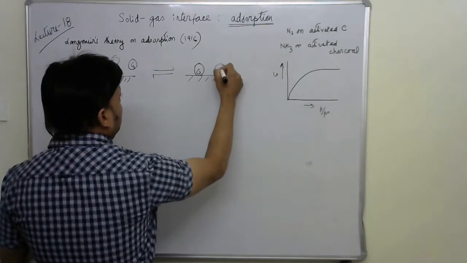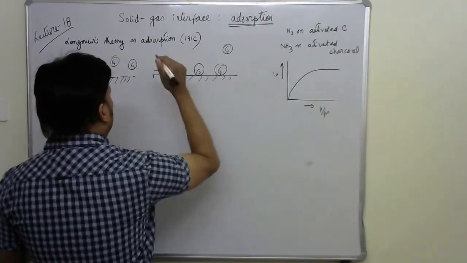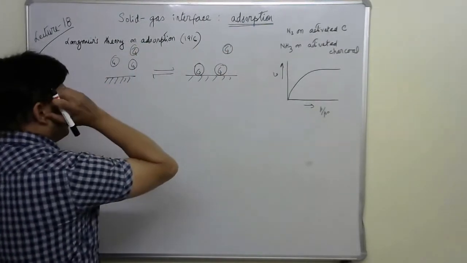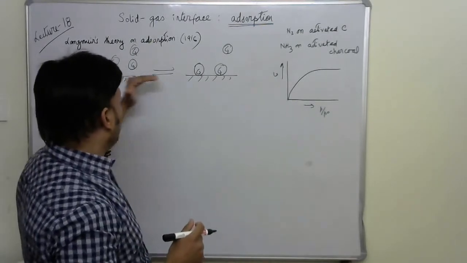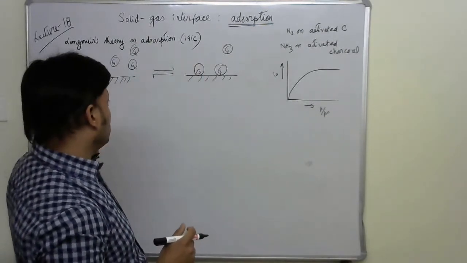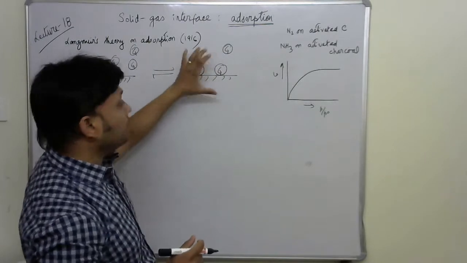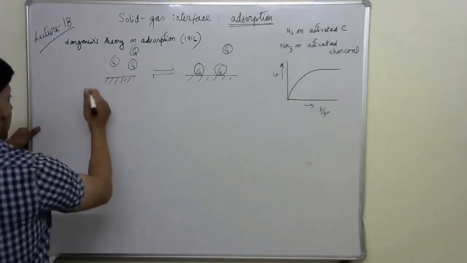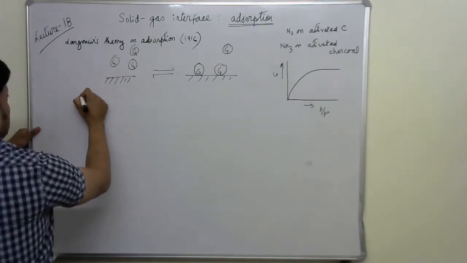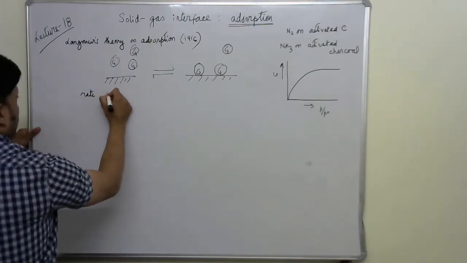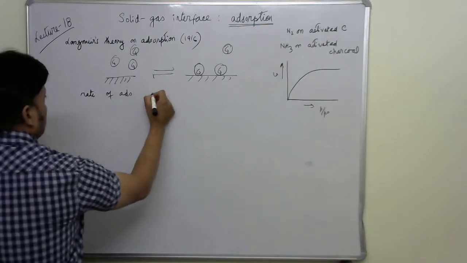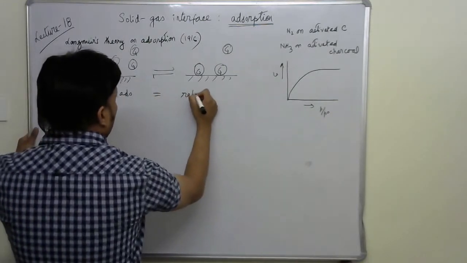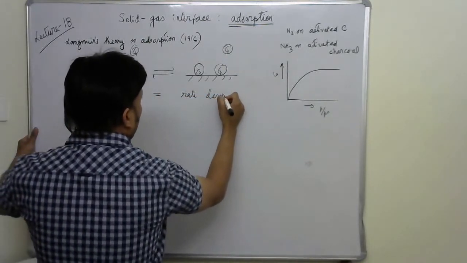So we have this picture. That means the forward direction is adsorption and the backward direction is desorption, and the adsorption is limited only up to the monolayer. So according to Langmuir, since this is thermodynamically controlled, the rate of adsorption should be equal to the rate of desorption at any point.